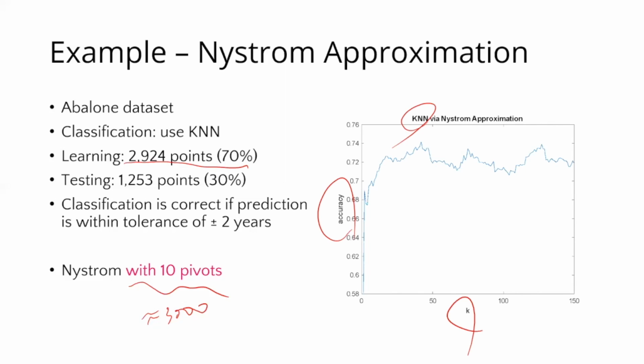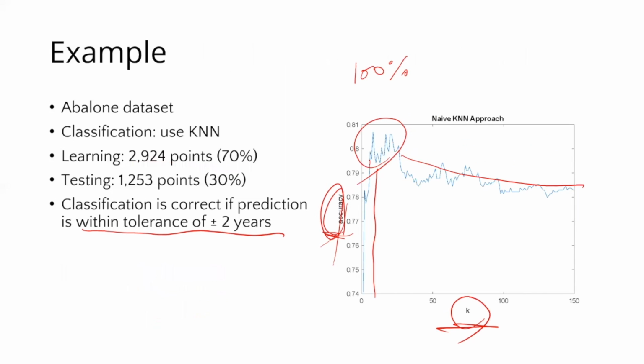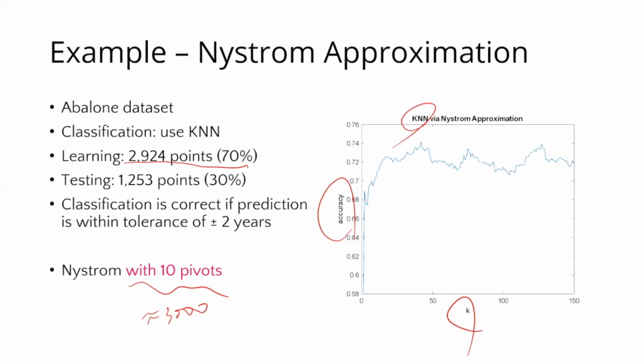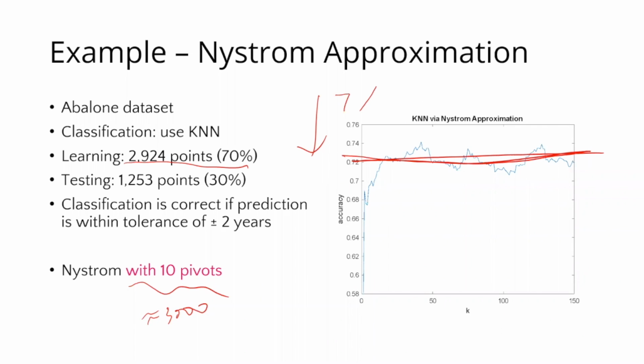In the previous slide, we had roughly 80% accuracy. Now, in the Nystrom approximation case, we have slightly lower accuracy, around 73%, I guess. So clearly, it is not as good as the naive computation in terms of accuracy, because there was about a 7% drop.